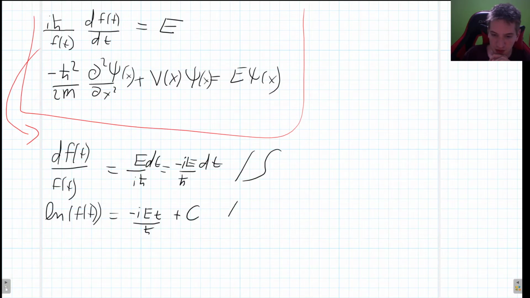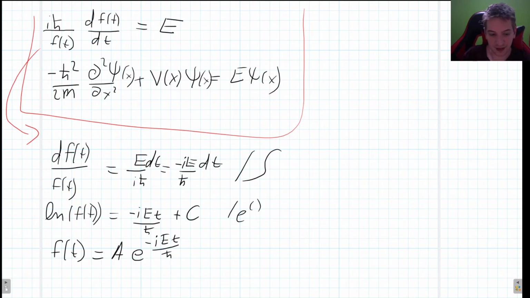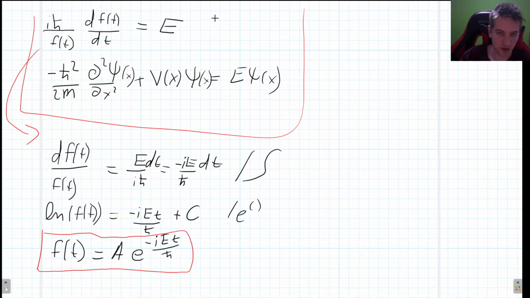Finally we can just exponentiate this, so the log will cancel out, and we get that f of t is going to be some constant A times e to the minus i E t over h bar. And this is the solution to the time part of the Schrödinger equation.